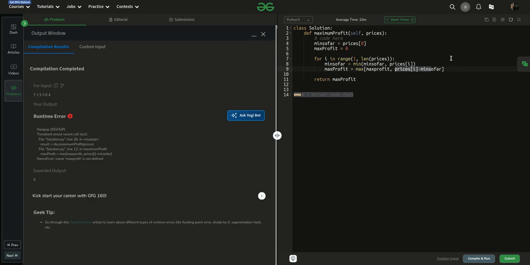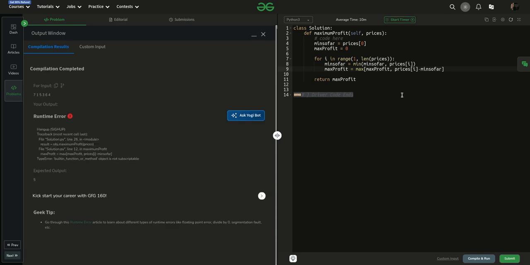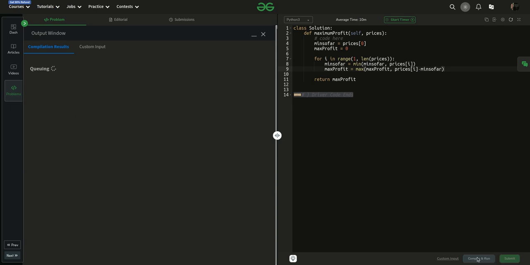Max profit, okay, P in uppercase. Object is not subscriptable. Okay, sorry guys. This should be a round bracket.